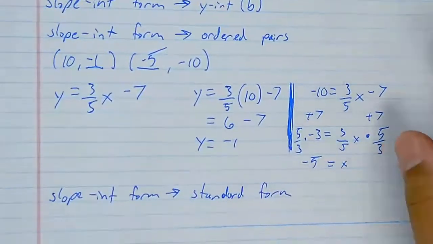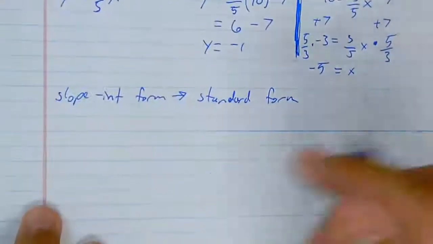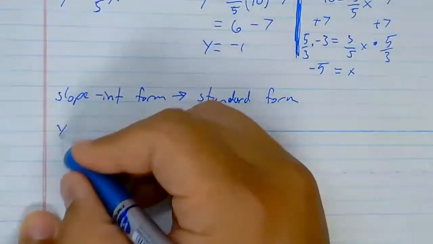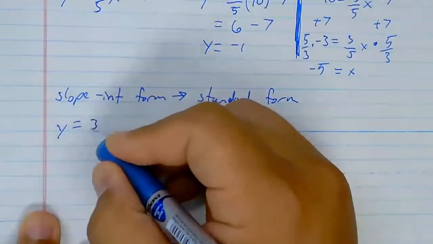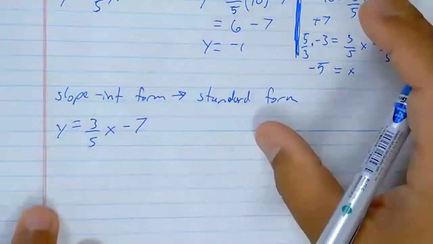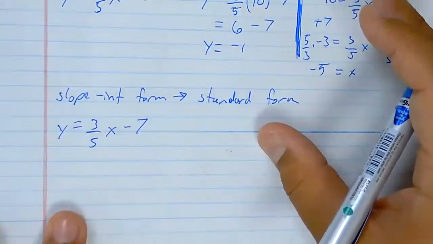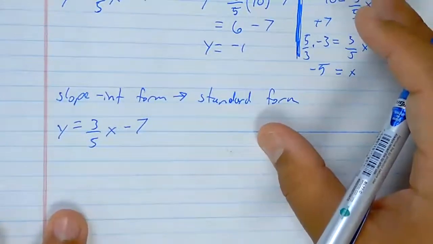There's not any great way to get to standard form, but this is probably our best option. So again, starting with our slope-intercept form of y equals 3/5 x minus 7, we need to get this into ax plus by equals c.